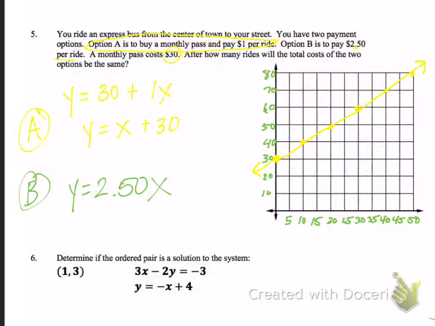And then for option B, my y-intercept is 0. And then it is $2.50 per ride. So let's see, after 5 rides, how much would it cost? When x is 5, what would my y be? What's 5 times 2.50?